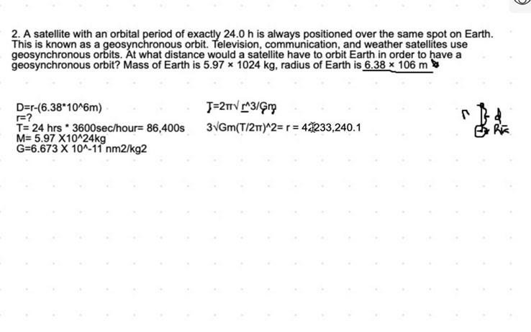essentially 42,233,240.1 meters, okay, which means that large distance that we talked about, or that large radius, is that number. Okay, then we're going to take that number there and we are going to subtract the Earth's radius, which we've written up here. Copy that formula.